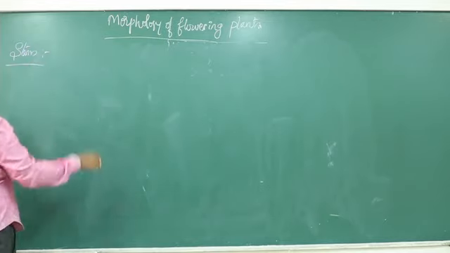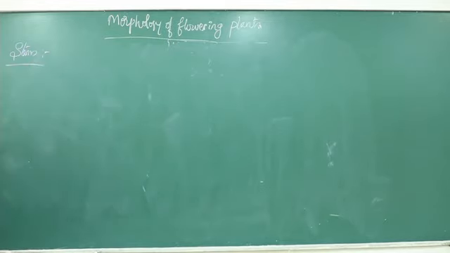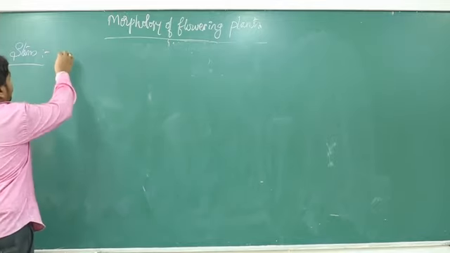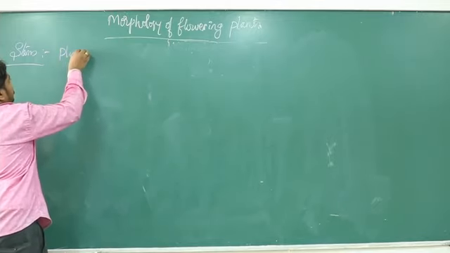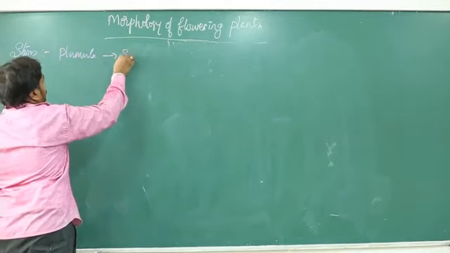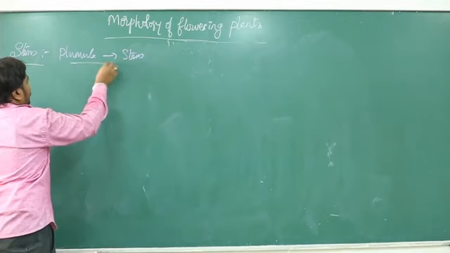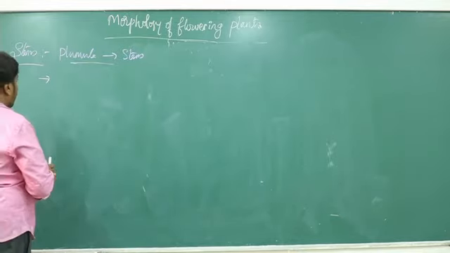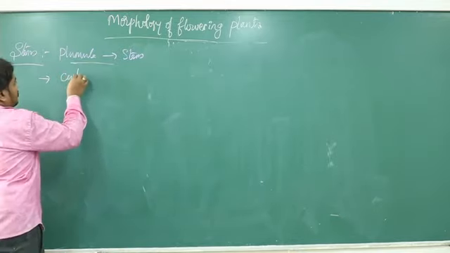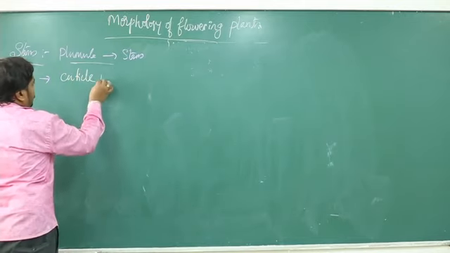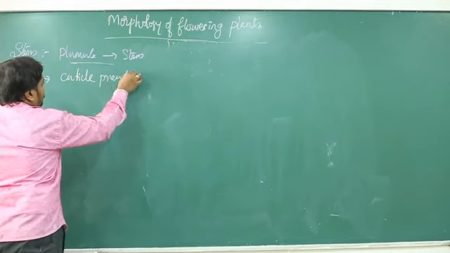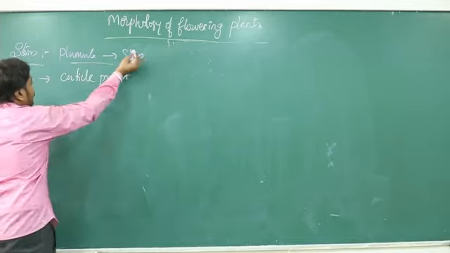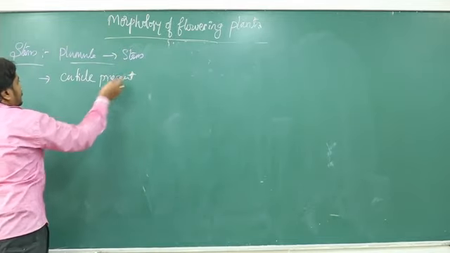So stem is produced from the plumule part of the embryo. The plumule develops into the stem during germination. OK, so in character, when compared to root, what are all the differences? The stem has a cuticle. Cuticle is present on the stem.